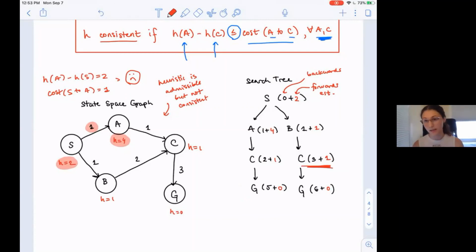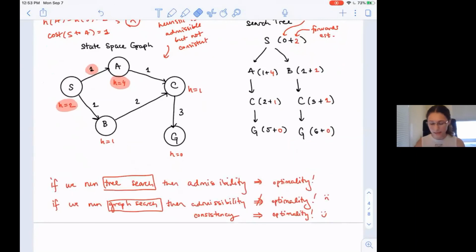Because it's already visited that node, pulled it off the fringe and expanded it, when it returns to evaluate this node C, which actually does lead to a better, lower cost path to the goal, it won't be able to expand it because C is already in the closed set. Ultimately, this leads to the idea that if we run tree search, then an admissible heuristic will give us optimality. But when we are running graph search and keeping track of the closed set, admissibility does not imply optimality, but consistency will. It will make sure that we actually do get to expand that C and find our way to the shortest path towards the goal.